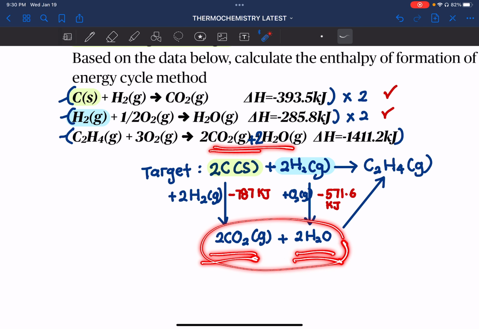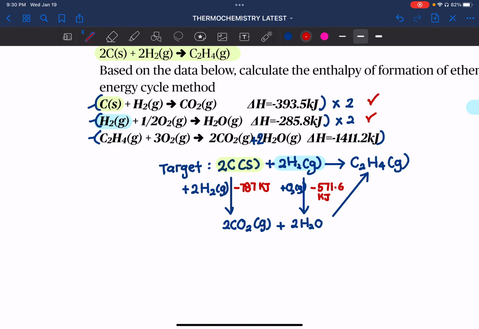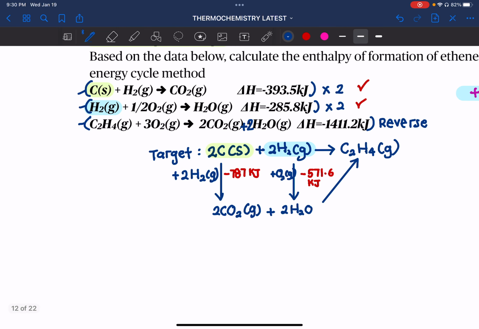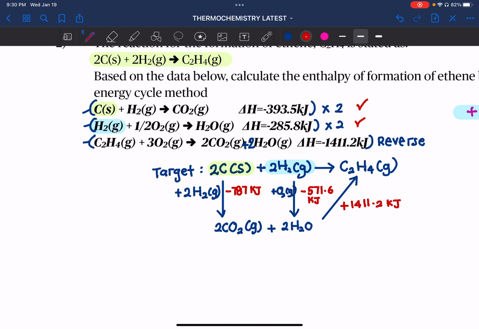Tapi dekat sini yang dia bagi, these two are product. So what happened? We are going to reverse the equation lah. Bila kita reverse equation, the value akan jadi positive. Ingat balik kita punya rules untuk thermochemical equation tu.